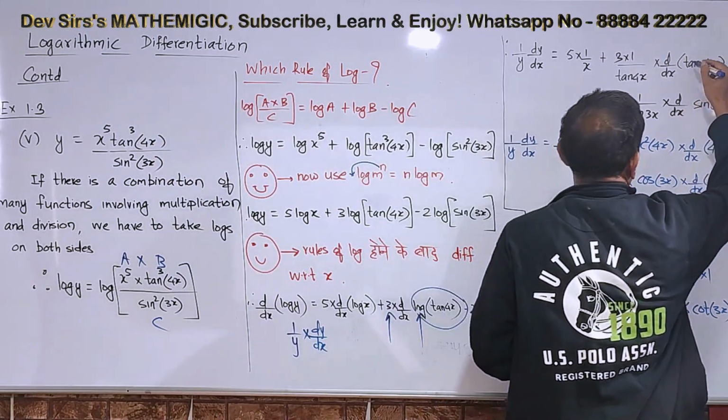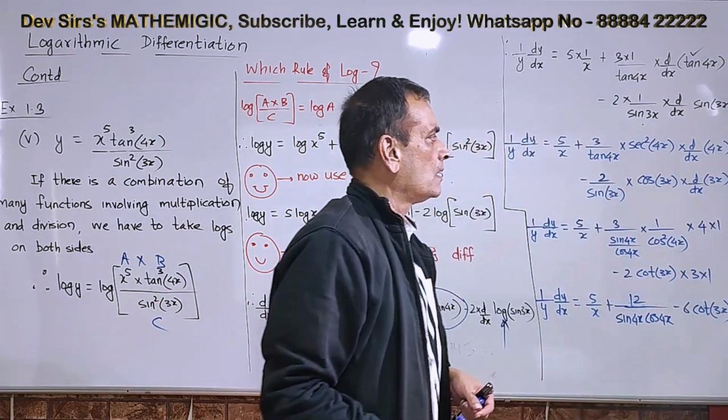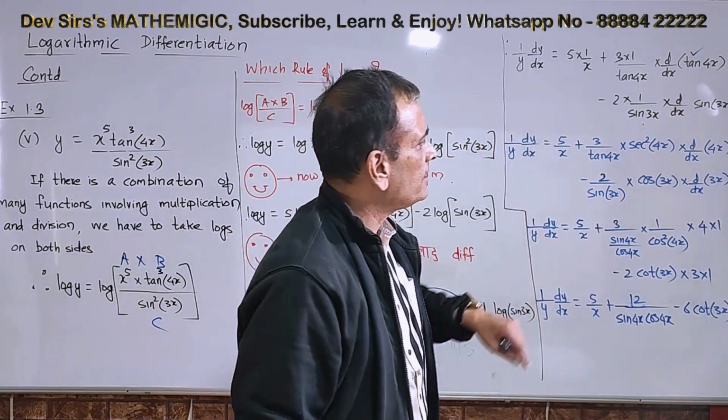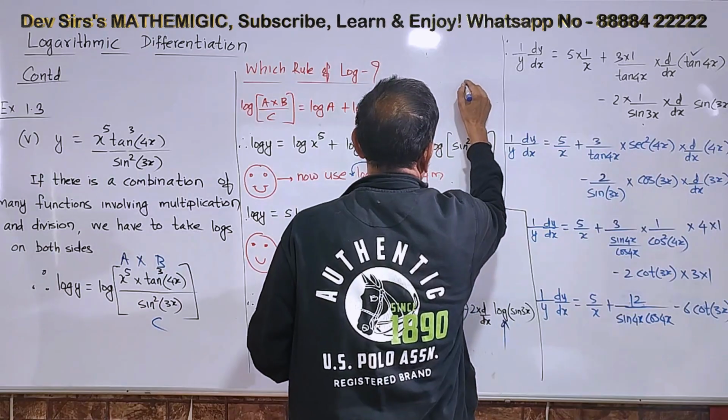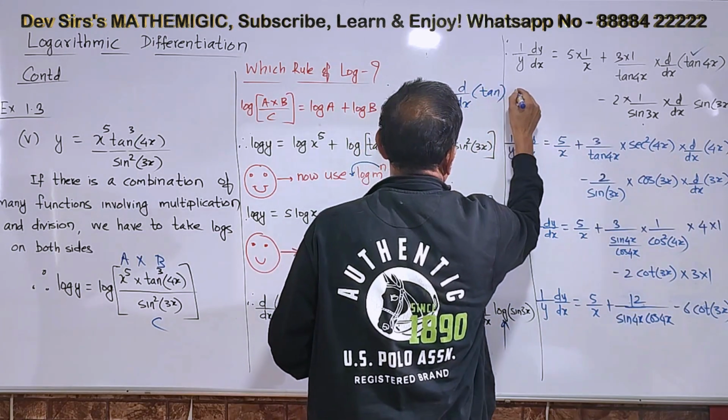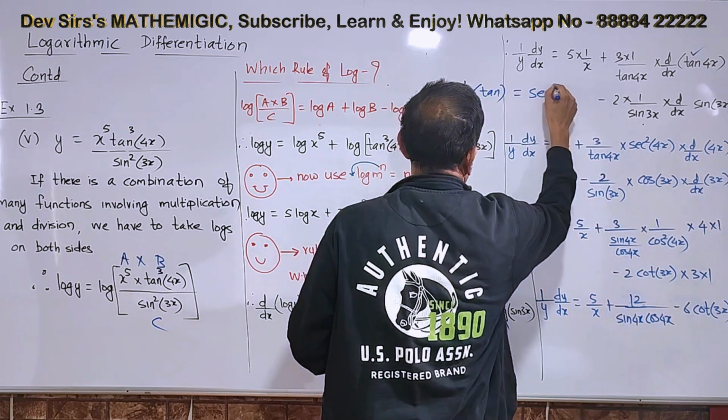d by dx of tan. Now remember, derivative of tan is sec squared. I will show you here. Look, d by dx of tan is sec squared.